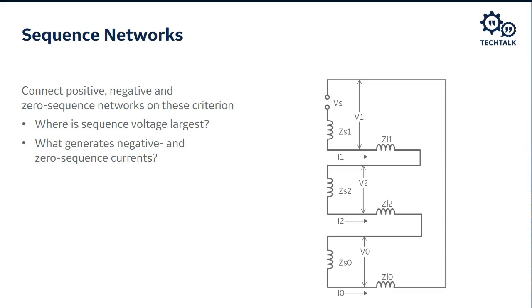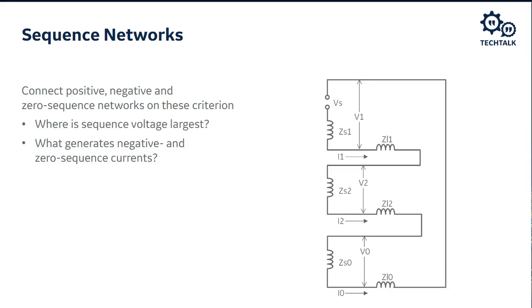The other piece of that is look at those voltages. When I look at those voltages, where is the voltage the highest in the positive sequence network? Well, the voltage is the highest on the positive sequence network when I get closer to the source. As I get closer to the source, I've got voltage drop through those impedances. So right across VS there is where my positive sequence voltage is the greatest.